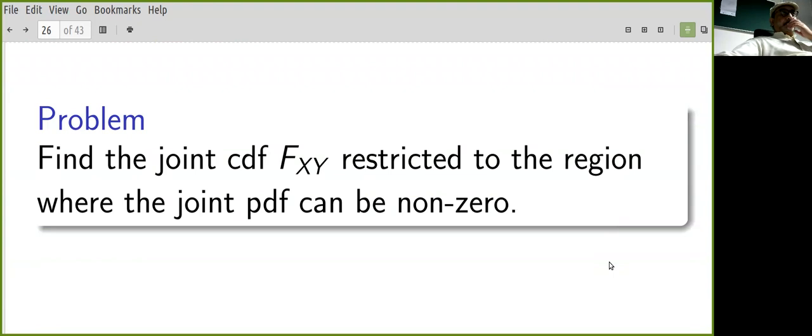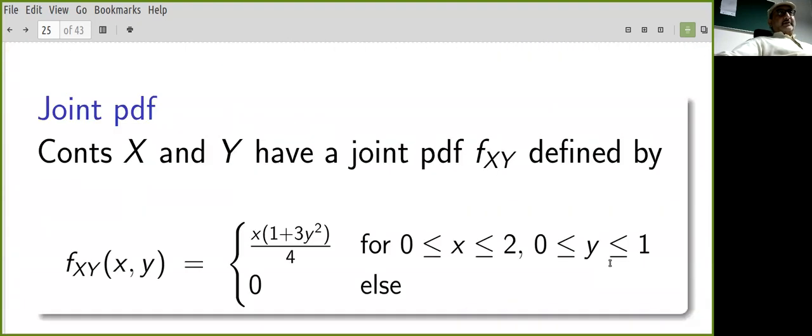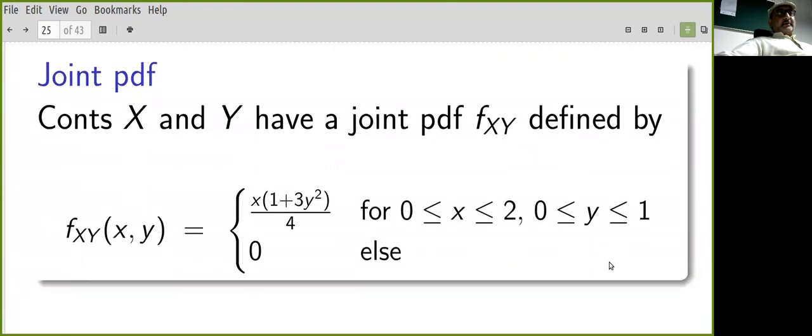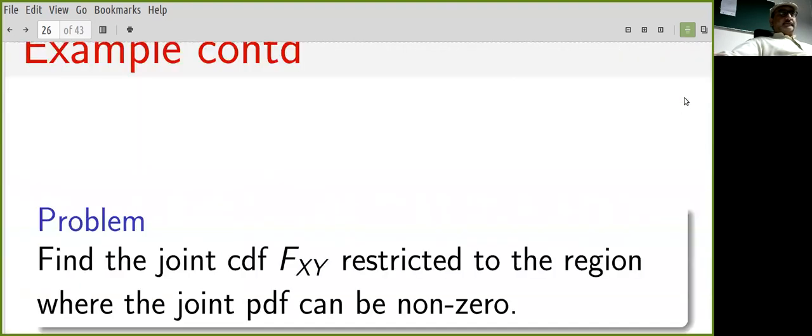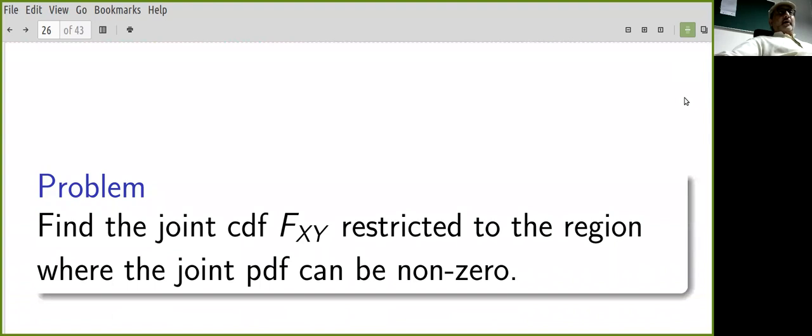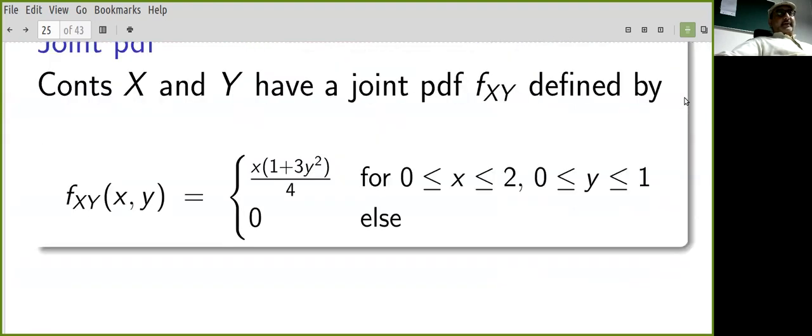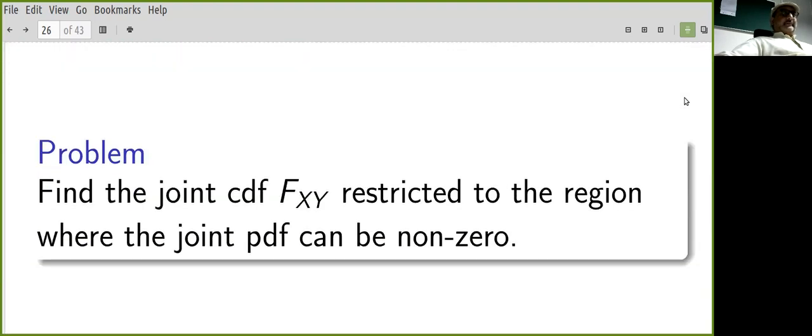If I want to get out the marginal distributions, then what would I have to do? I would have to integrate out the y in order to get f_X, and I would have to integrate out the x to get f_Y(y).